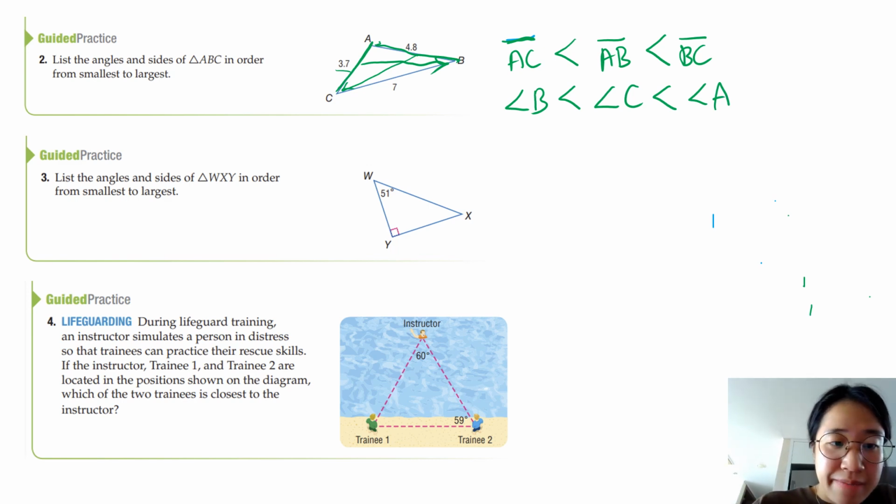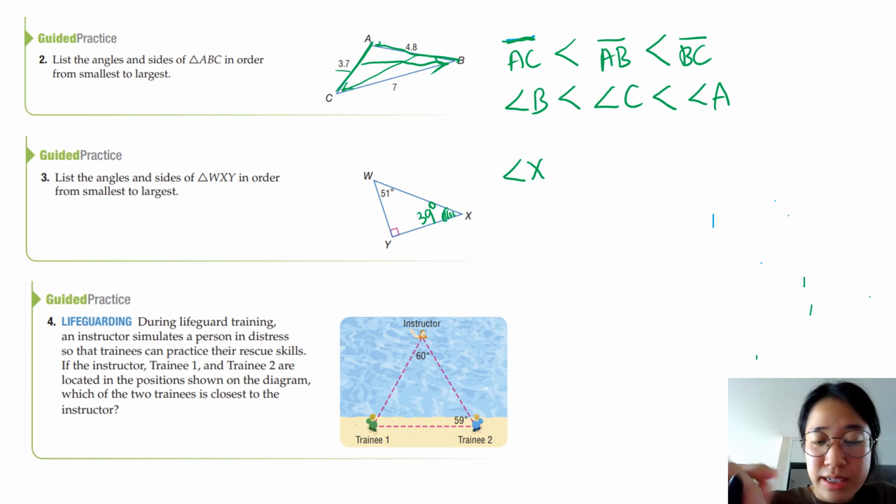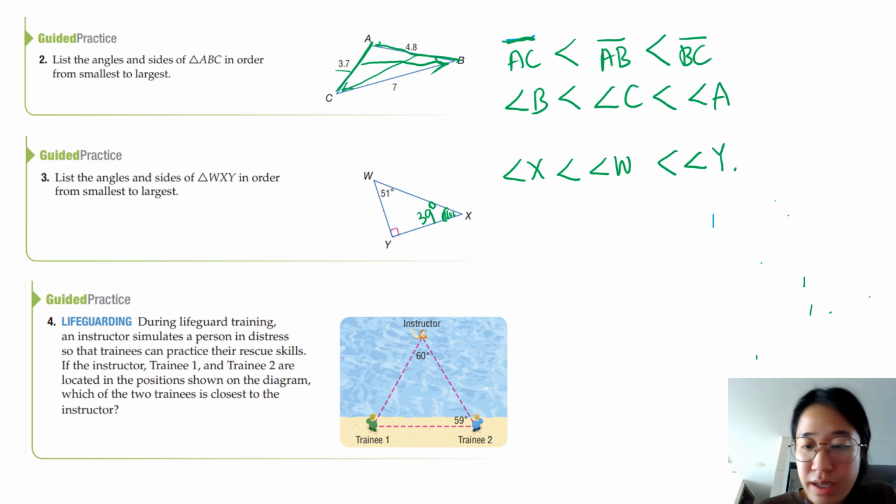Okay. If I have a triangle something like this, then the angle measure right here in green should be 39 degrees. So I know that angle X is the smallest, and the next is angle W and angle Y, correct? Then I can say that the opposite side follows the same order.